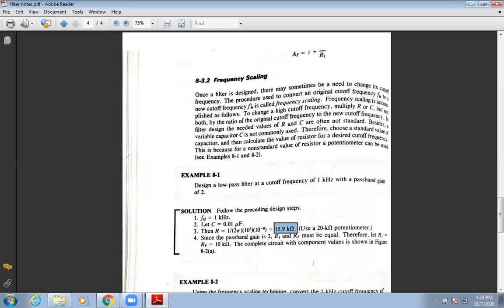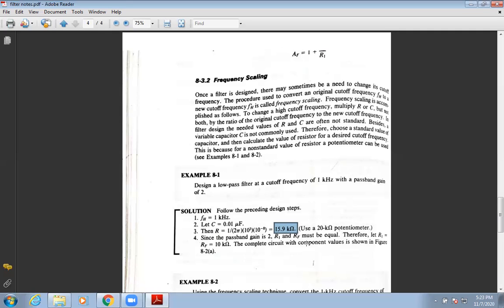Since the passband gain is 2, we can select R1 and RF equal. Therefore, let R1 equal RF, which is equal to 10 kilo ohms. If we put these values in, the gain of the passband is equal to 2, which is the desired value.